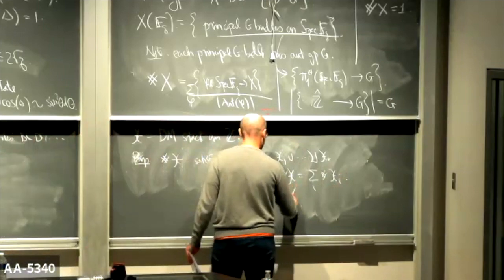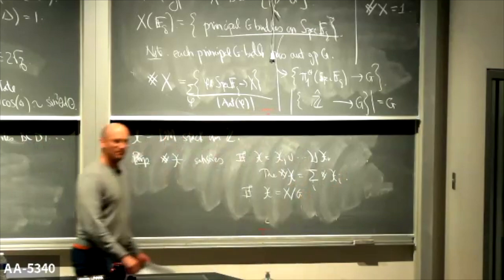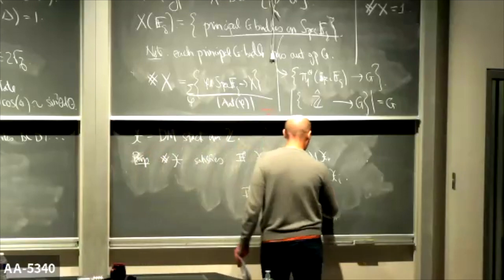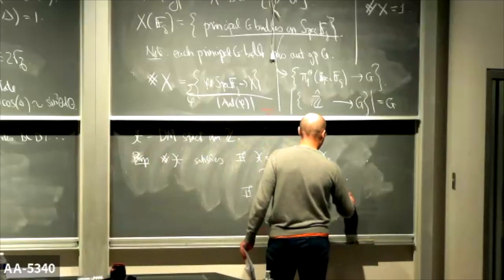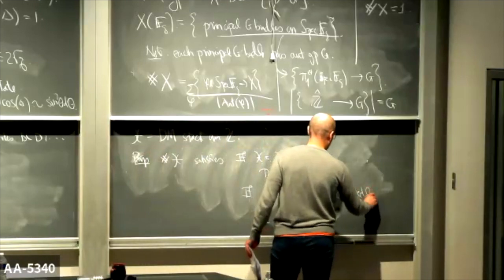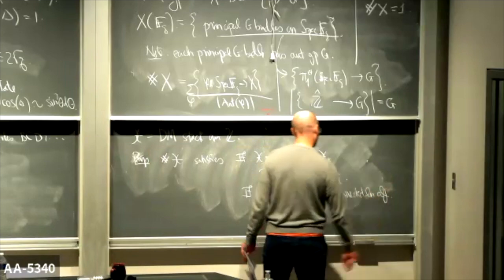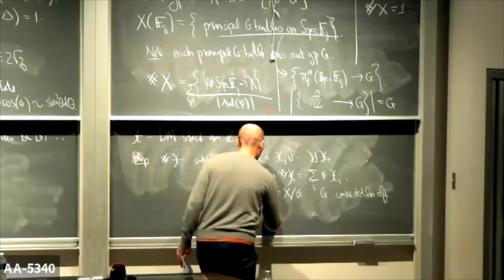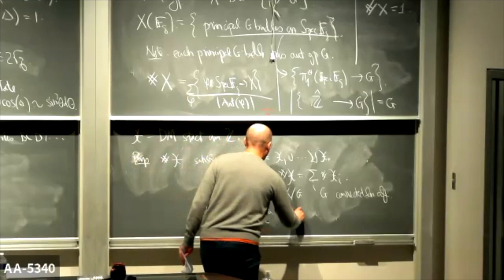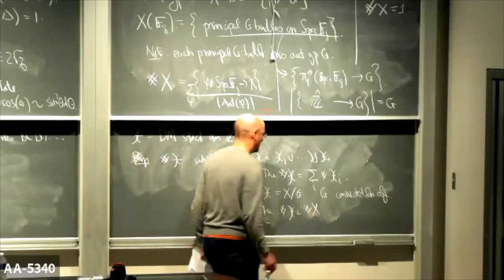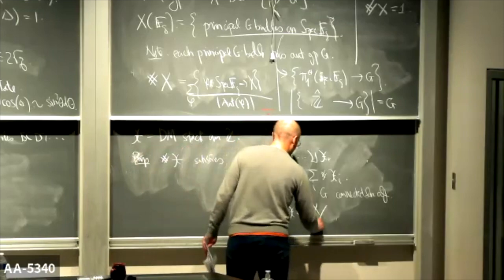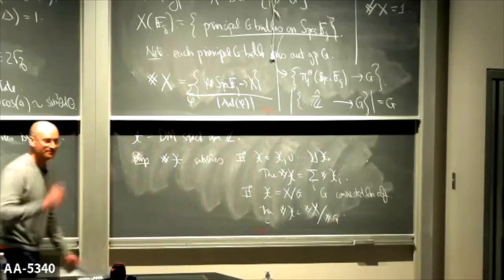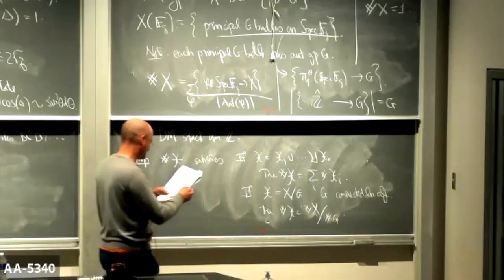If X is a quotient of an algebraic variety by a group, but not just any group, we want G to be a connected linear algebraic group, like GL_n, then the number of points on X is the number of points on the original variety divided by the number of points in the group. So that's another good property.